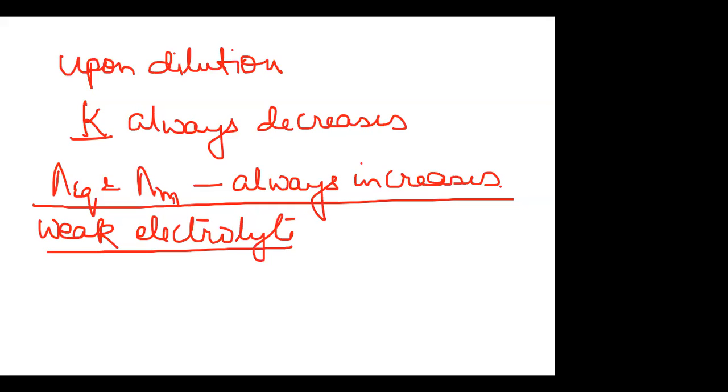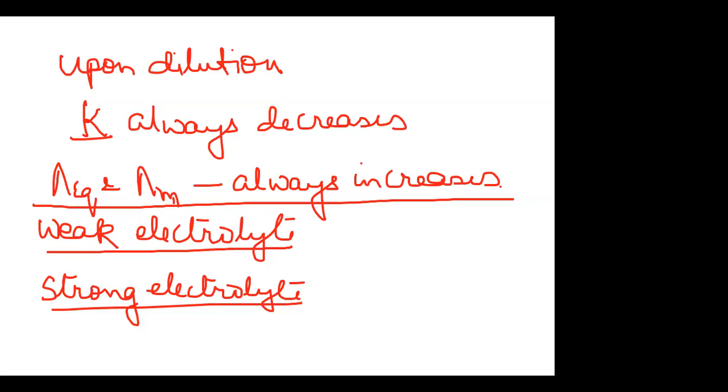Now, the phenomenon that is helping the strong electrolytes also to show an increase in their conductance values is that, even if the number of ions furnished is same, the speed of the migrating ions changes with dilution.